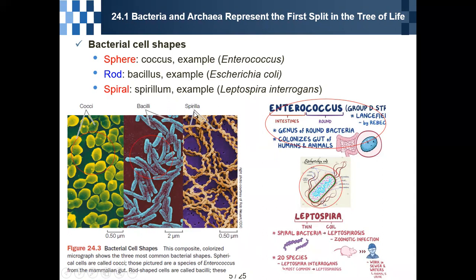We call it a spirillum or spirilla. Their structure is like this, and a very famous example is Leptospira. They have a spiral structure like this. Okay, so bacterial shape is sphere, rod, or spiral.